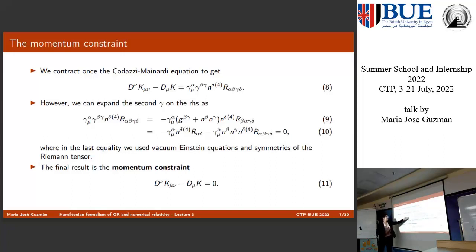Here I use Einstein equations in vacuum, symmetries of the Riemann tensor. And then I obtain another constraint, which is different from the Hamiltonian constraint, called the momentum constraint. It also gives me relations between the velocities of the gamma.